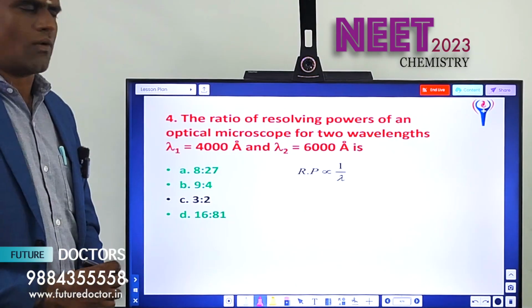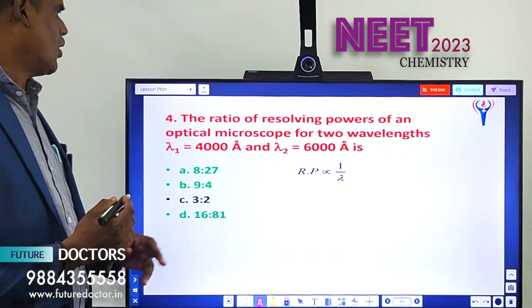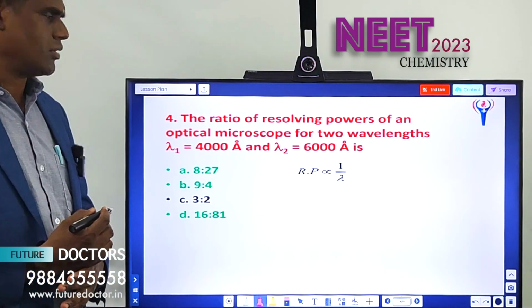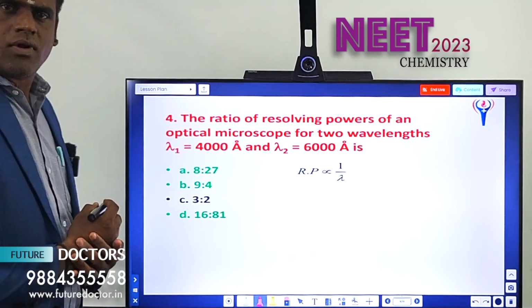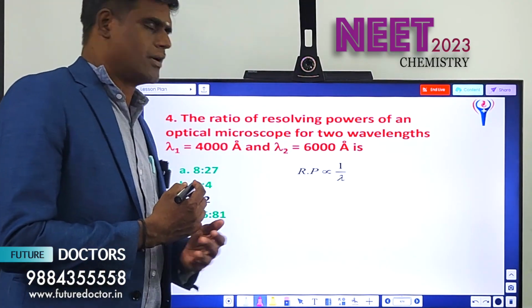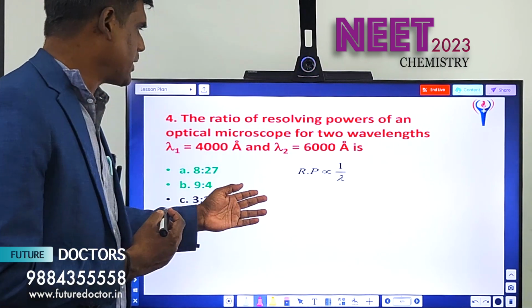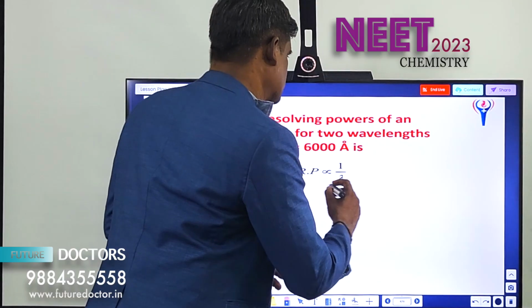The ratio of resolving powers of an optical microscope for two wavelengths, lambda 1 4000 Angstrom and lambda 2 6000 Angstrom, is dash. What is the relation between resolving power and wavelength? Resolving power is inversely proportional to wavelength. RP is inversely proportional to lambda. Two wavelengths are given.